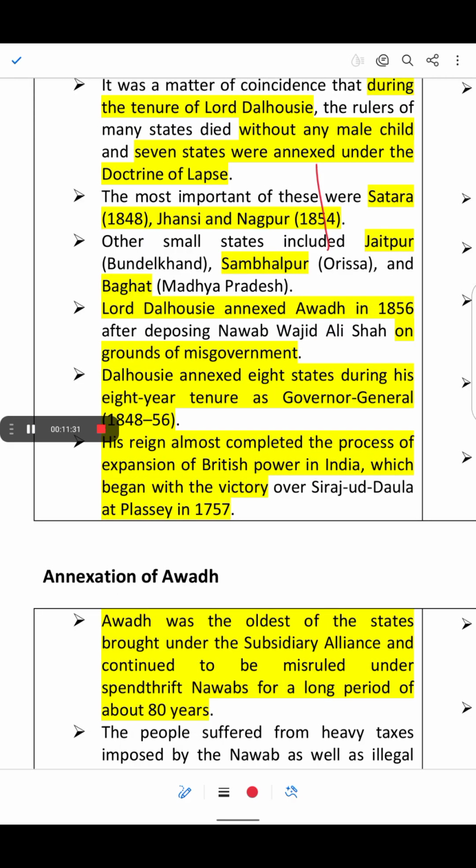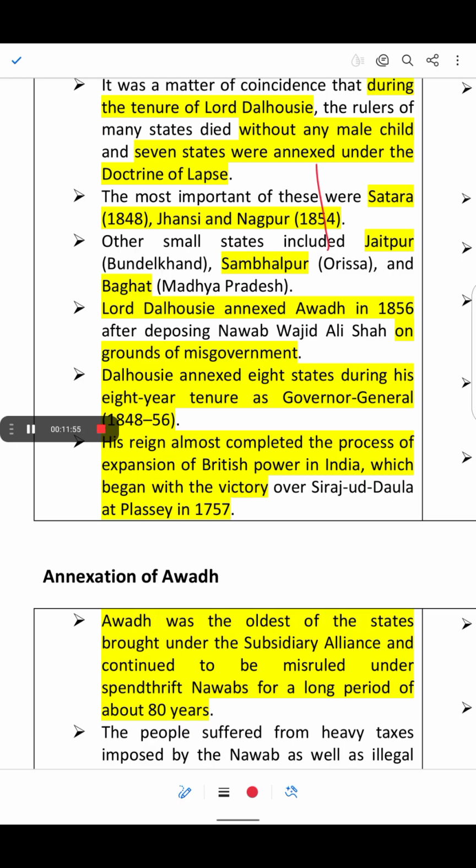So this was the policy used by the British to take over Indian states. An adopted son could inherit the personal property but could not acquire the kingdom, and the British had the power to decide whether the state would go to the adopted son or be annexed.